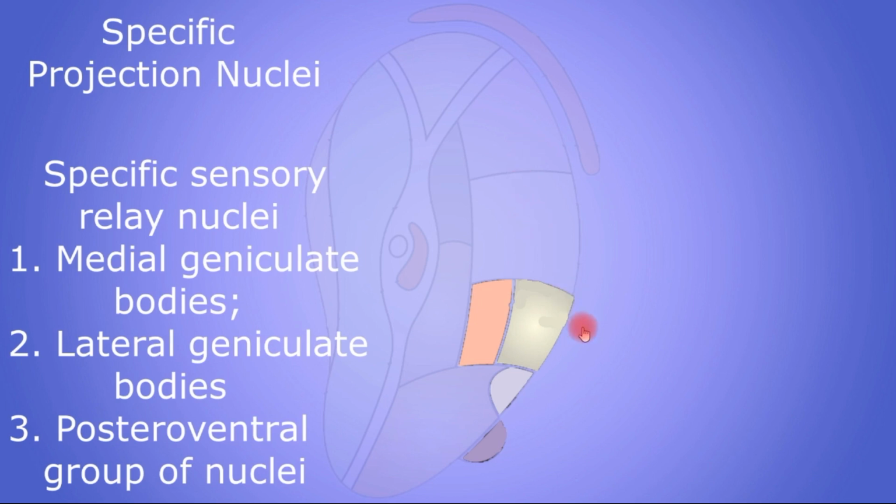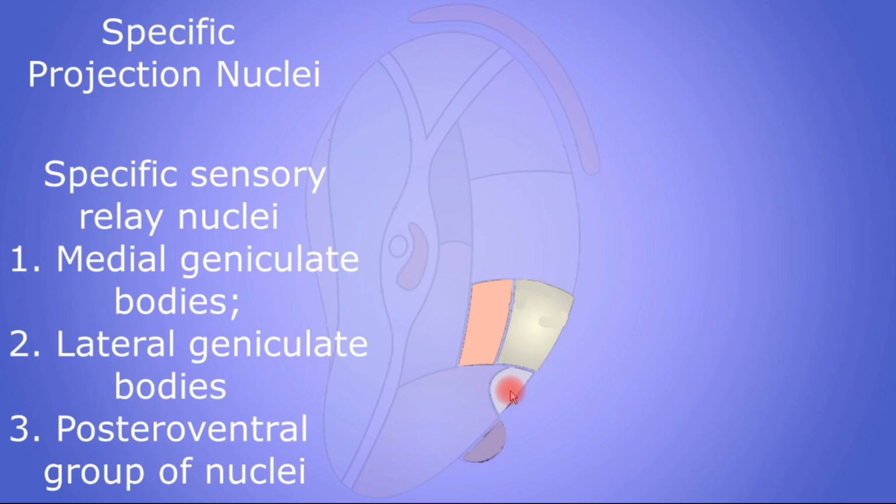As you can see, the specific sensory relay nuclei include the medial geniculate body. This medial geniculate body receives signals from the cochlea, the auditory signals, and from this it sends the signal to the auditory cortex, areas number 41 and 42.